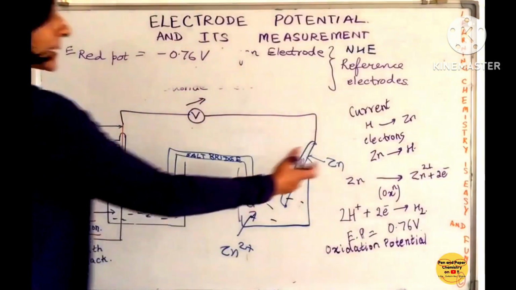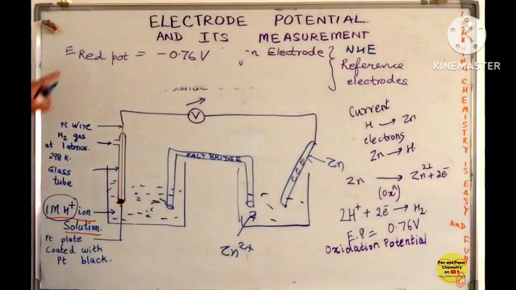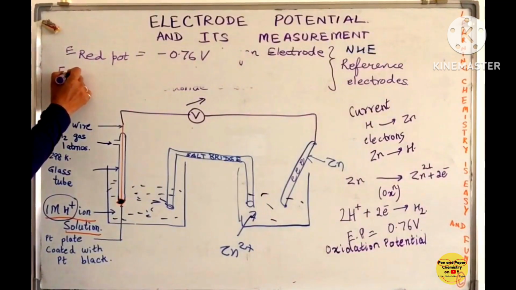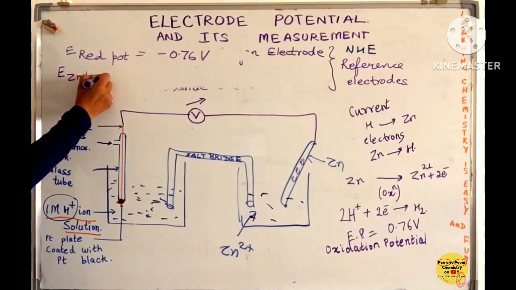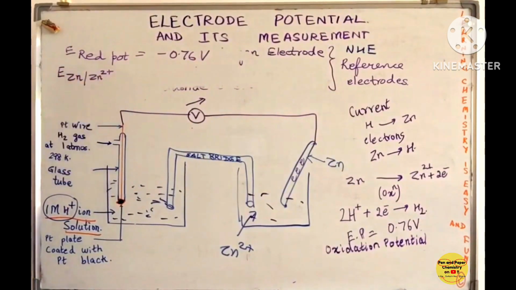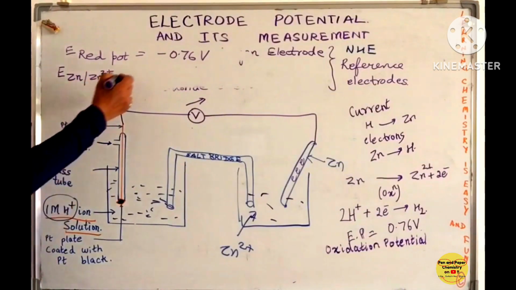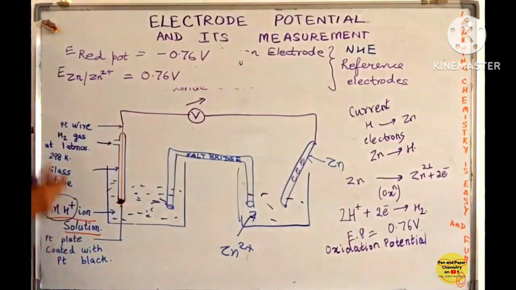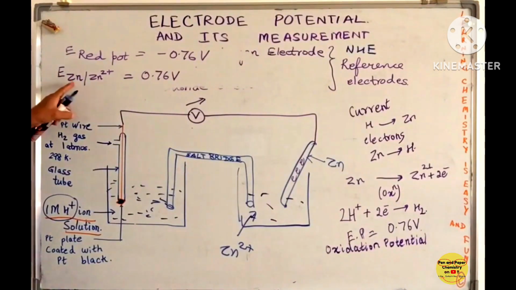If it has this much capacity to get oxidized, it has this much capacity to get reduced in comparison to hydrogen. Let me make this simpler. When zinc is changing to zinc ions, notice what I have written over here, E of Zn, Zn2+, the potential is 0.76 volt. In this representation, I am showing oxidation, zinc changing to zinc ions, right?